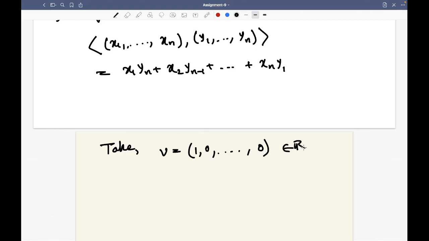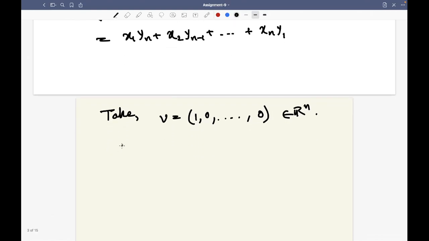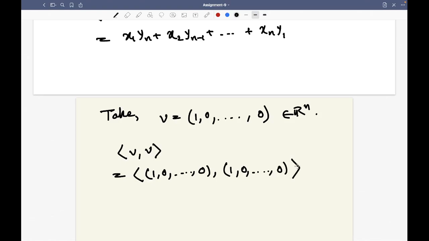This belongs to Rn. Let's check v comma v, which is (1, 0, 0, ..., 0) with (1, 0, 0, ..., 0).